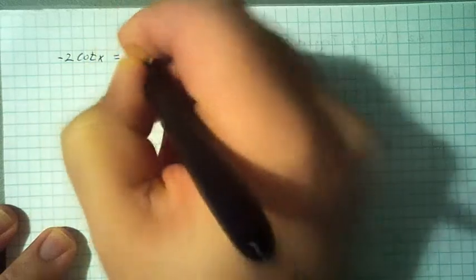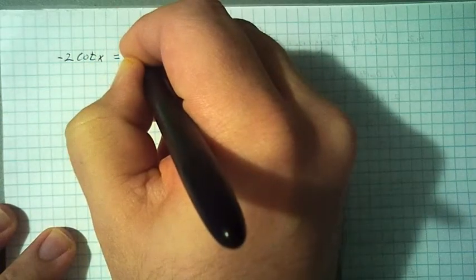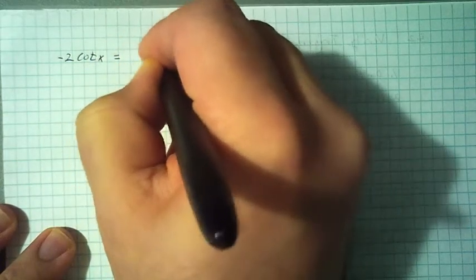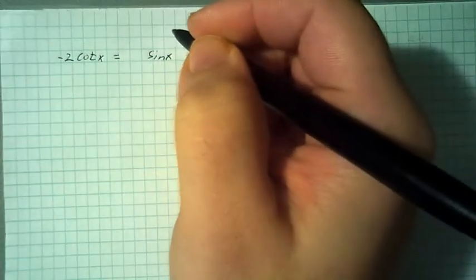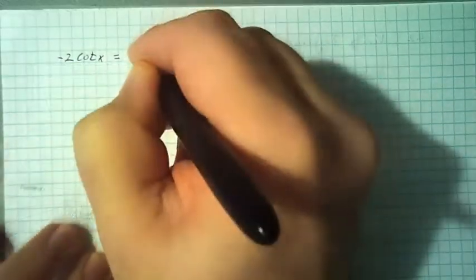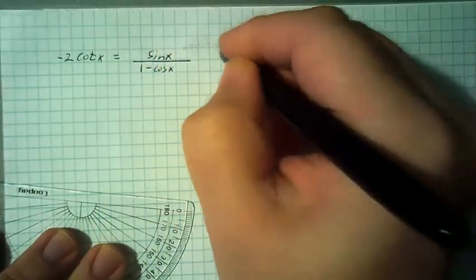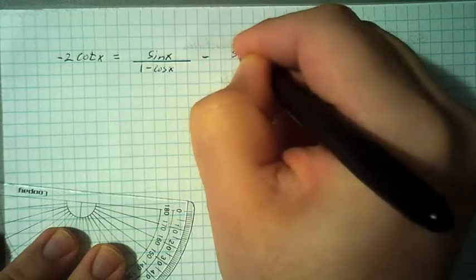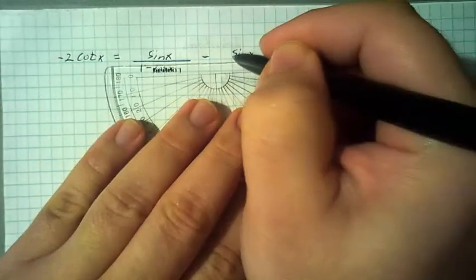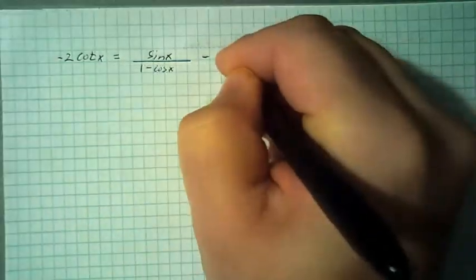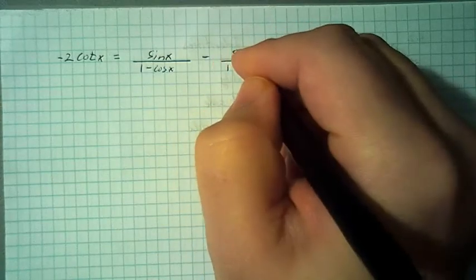So for my second example, -2 times the cotangent x equals sine of x over 1 minus cosine minus sine x over 1 plus cosine.